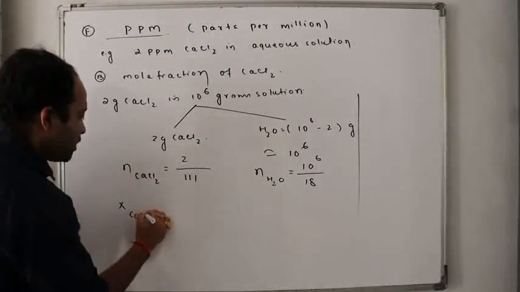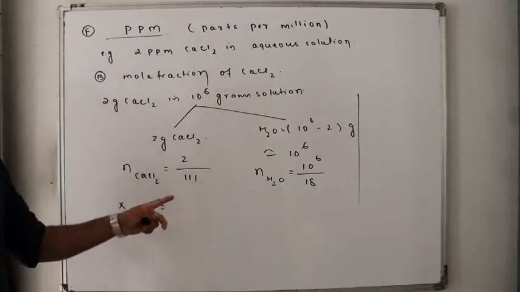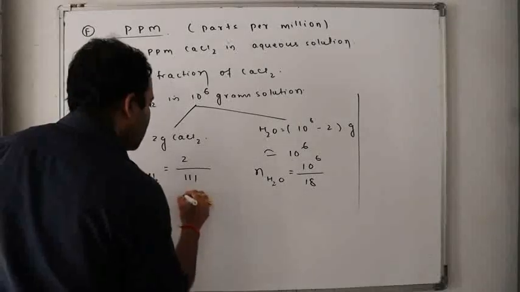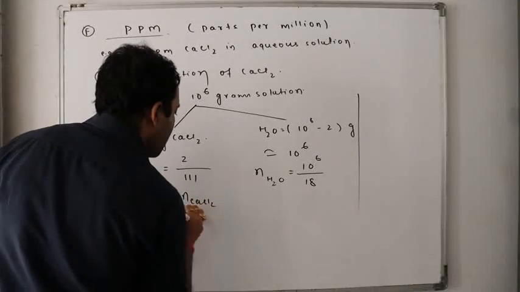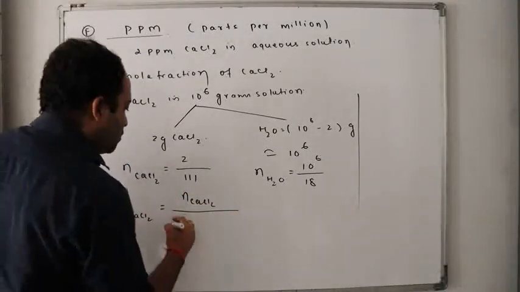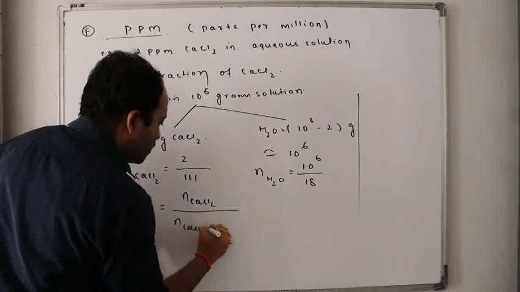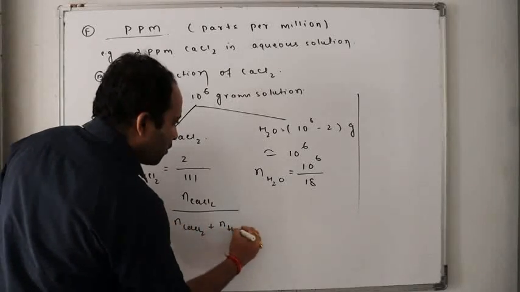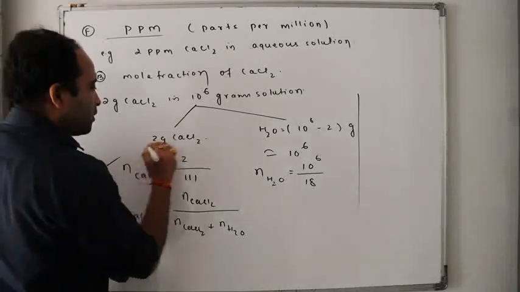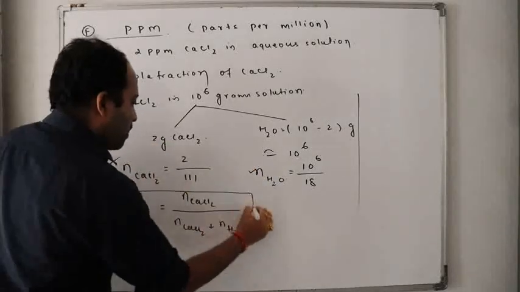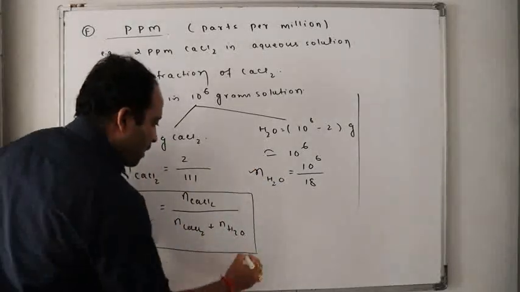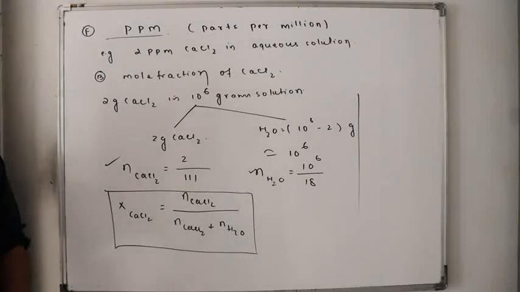Number of moles of CaCl2 by total number of moles, number of moles of CaCl2 plus number of moles of water. You have both the values. Yes or no? Easy? Clear?